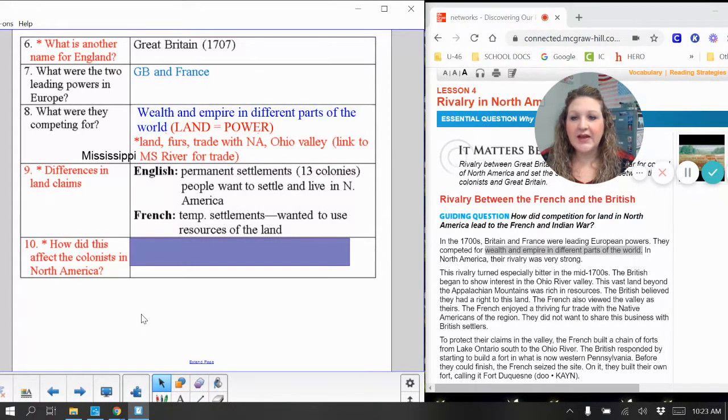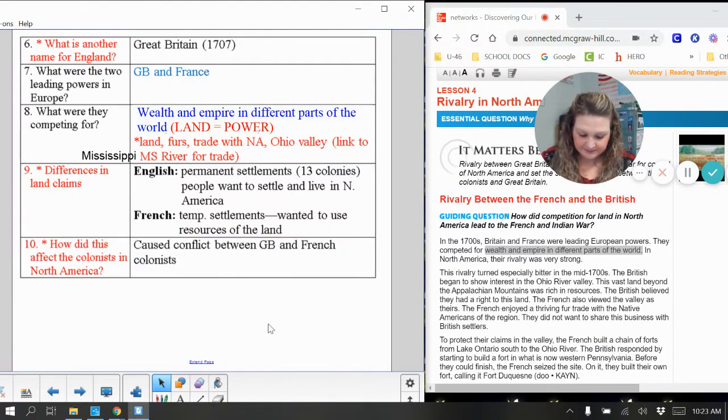And then number 10, how did this affect the colonists in North America? Well, it caused conflict between the British and the French colonists. Now remember that we have people primarily in the colonies that are from Great Britain, but we also have people from other countries in Europe that have settled there as well. Their friends, their neighbors.